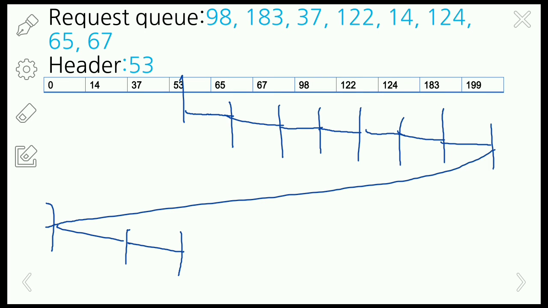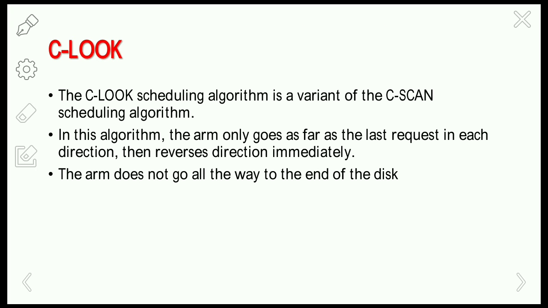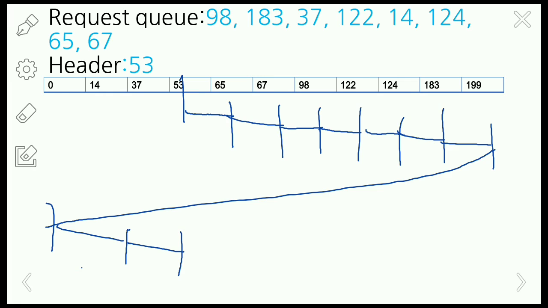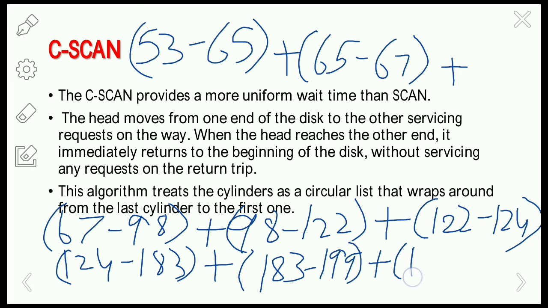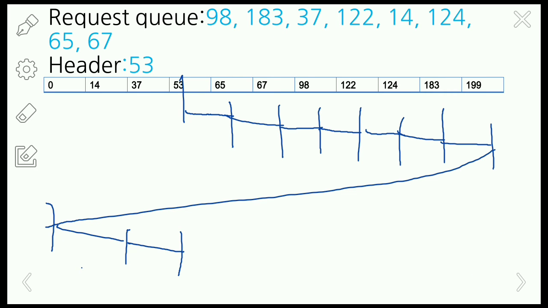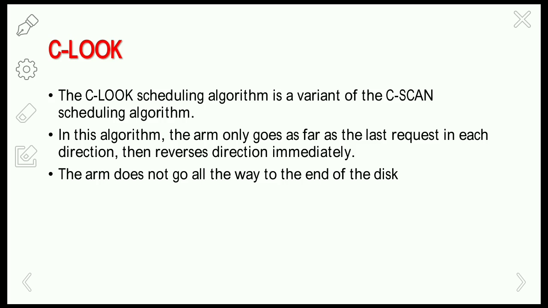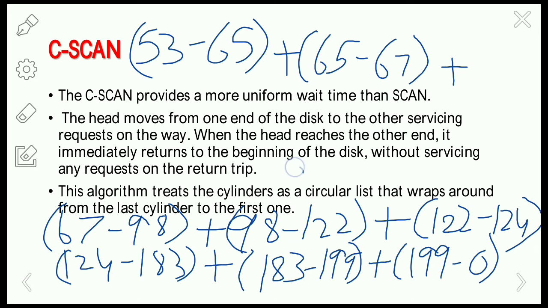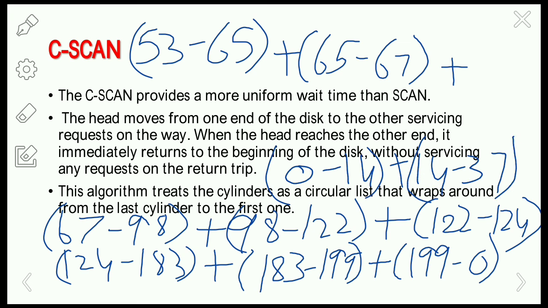Next 199 to 0, that is 199 minus 0, and then 0 to 14 and 14 to 37. If you calculate like this, we will get the total number of head movements of the cylinders.